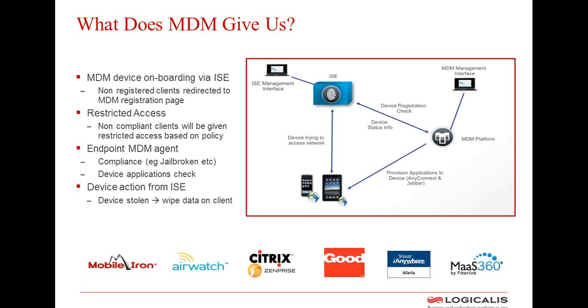Nothing else but MDM can determine whether a device is jailbroken, and can then block or force remediate that user to fix up the device through a self-service portal before they can access corporate resources.